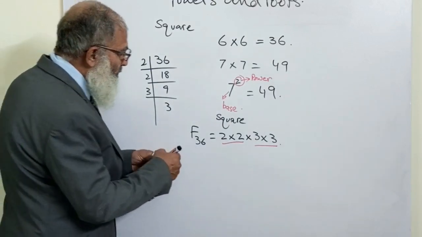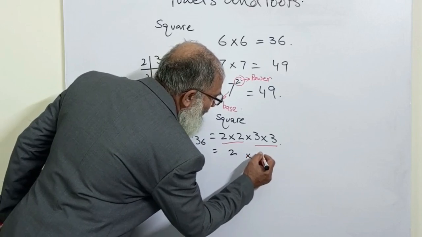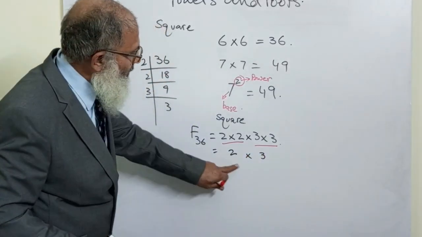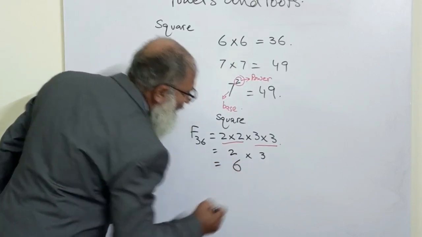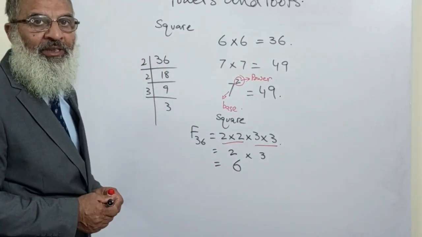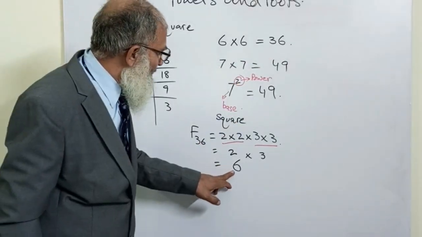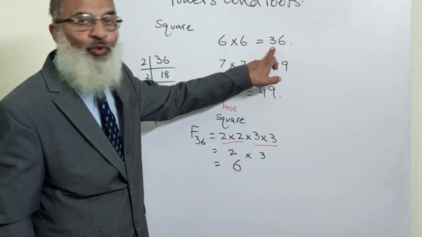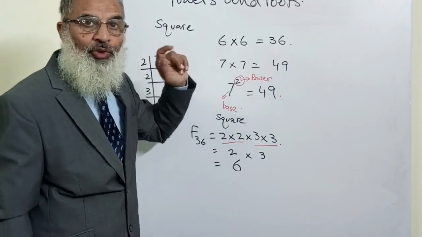So I pick one from each pair, and what is going to happen is that it becomes 6. Now I can say that 6 is the square root of 36.